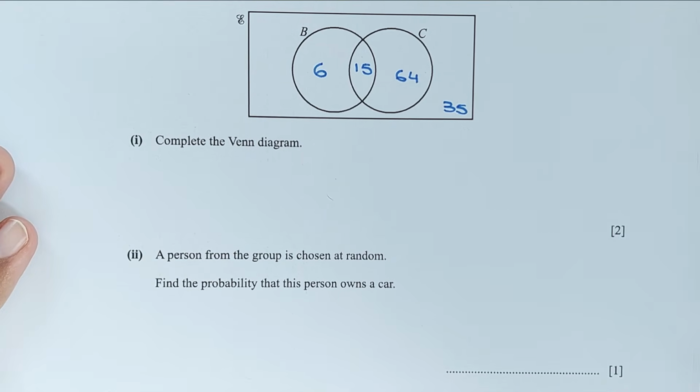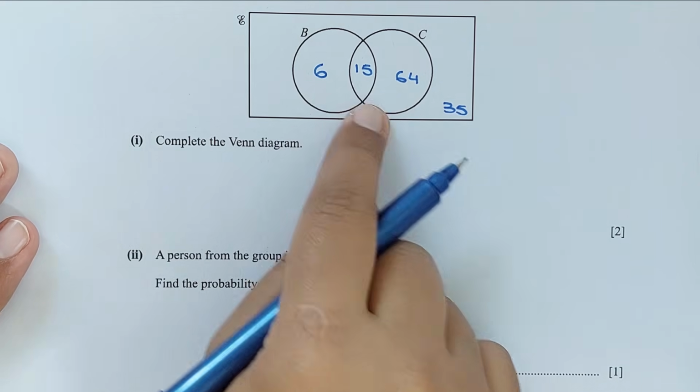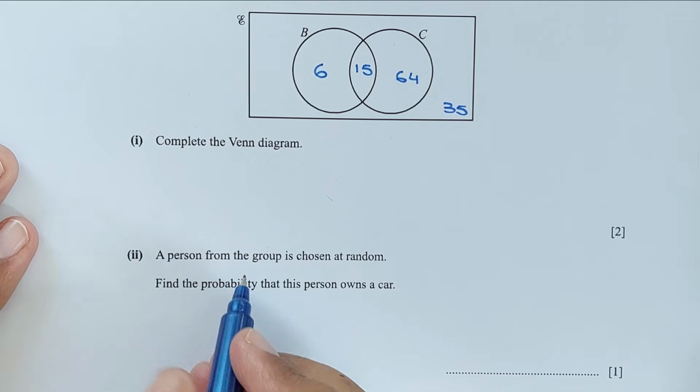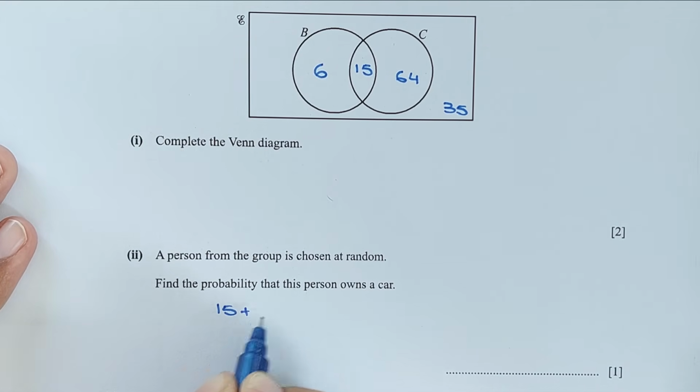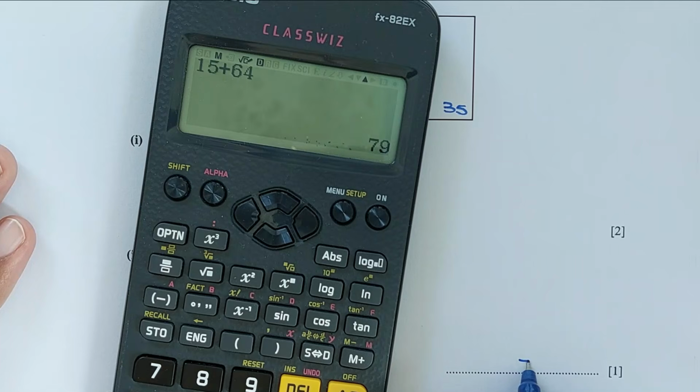Now for part B, a person from the group is chosen at random. So total are 120. Find the probability that this person owns a car. So for car, 15 plus 64. The total people who own a car are 15 plus 64, dividing by 120 people, right? 15 plus 64 is 79 over 120.